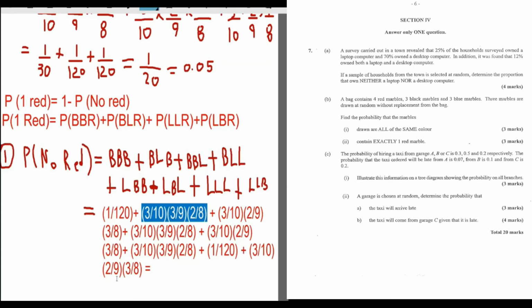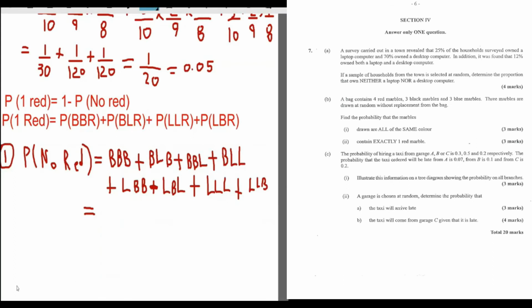So this works out to 1 over 120 plus 1 over 120 plus 6 over 40, which is 1 over 120 times 2 plus 6 over 40. And I'm getting 1 over 6. So that's the probability of getting no red, 1 over 6.